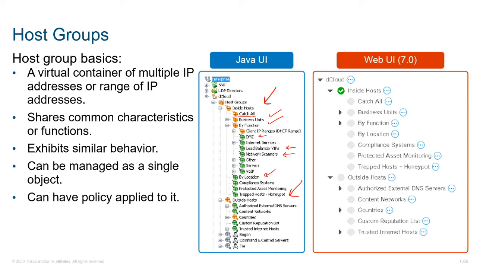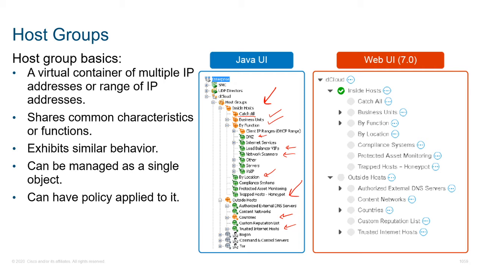They're not part of our network. So we can go in and create some groups or subordinates underneath the outside hosts that maybe are automatically divvied up by country if we're looking at geo IP information. We can put trusted internet hosts on here, maybe if we have a pool of AWS servers.